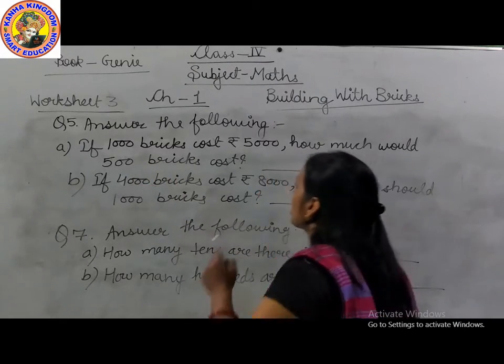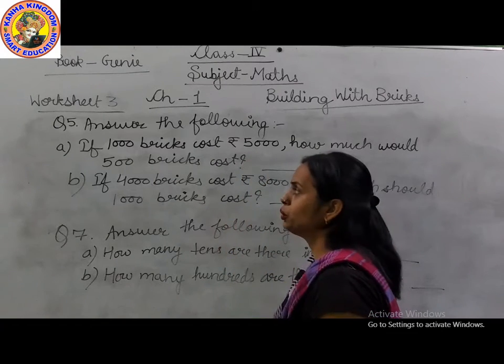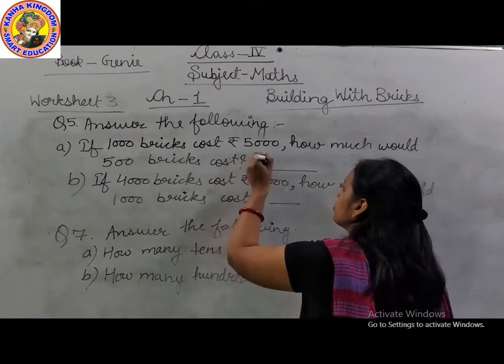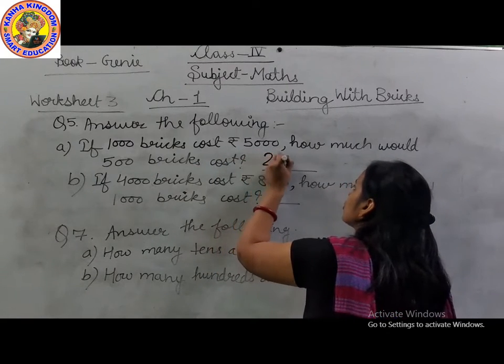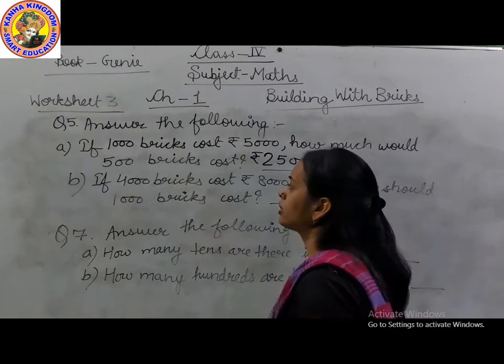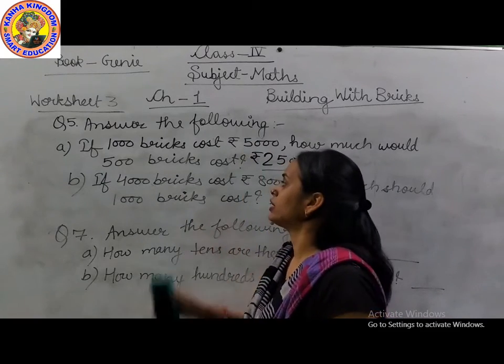So 5000 divided by 2. So the cost of 500 bricks is 2500. Means 2500 rupees is the cost of 500 bricks.